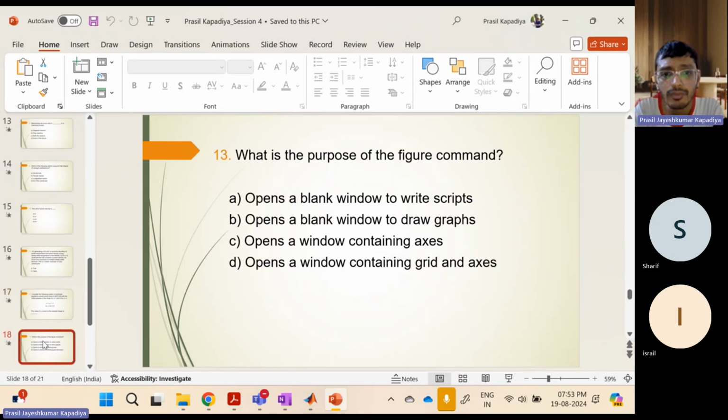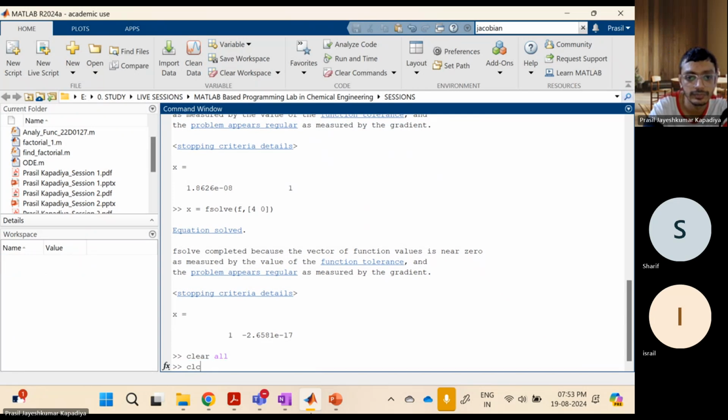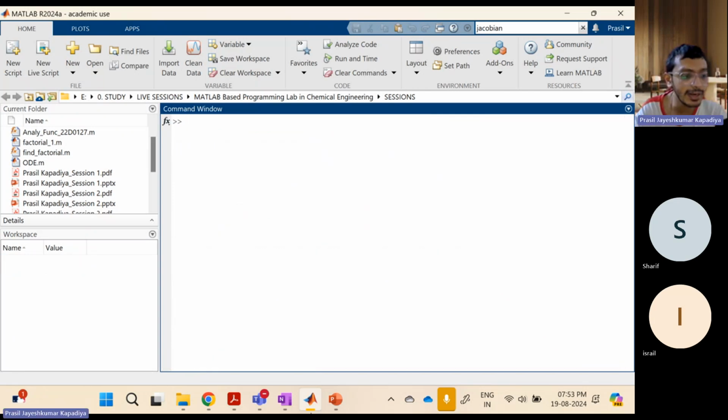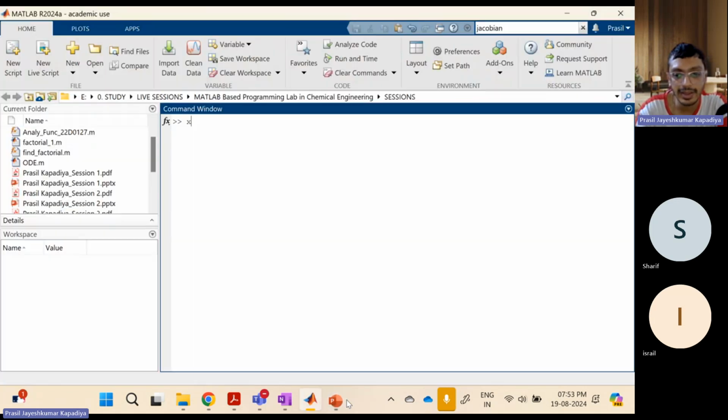Okay, next one. What is the purpose of the figure command? Why do we use the figure command? Okay, I will show you an example. Let's take this example using the figure command. Let's say my x is from 0 to 1 in steps of 0.1, and my y is the same, 0 to 1 in steps of 0.1.